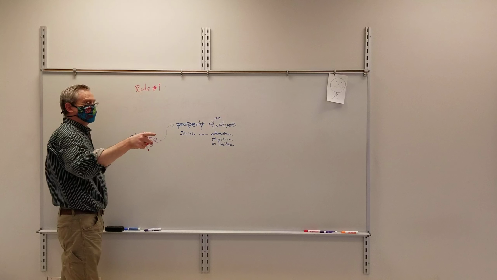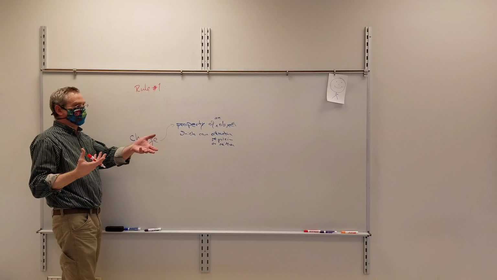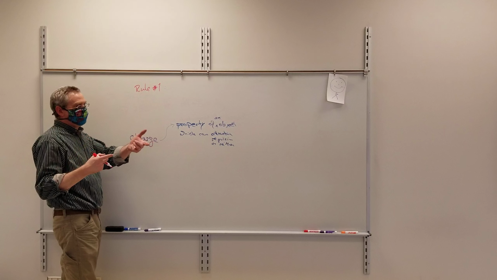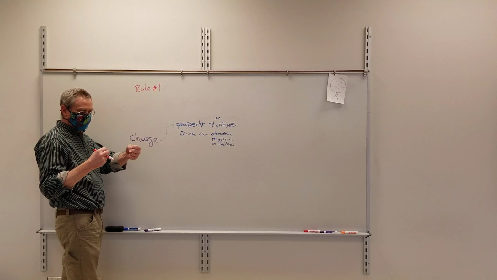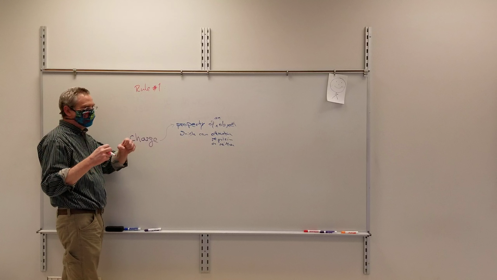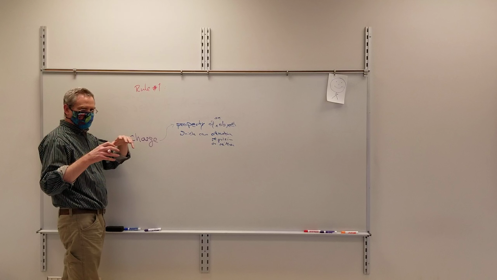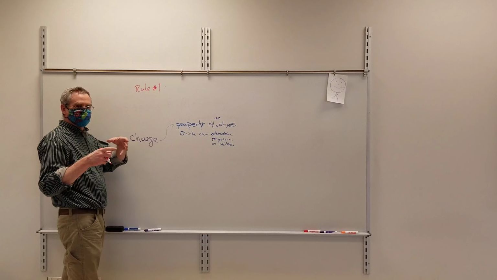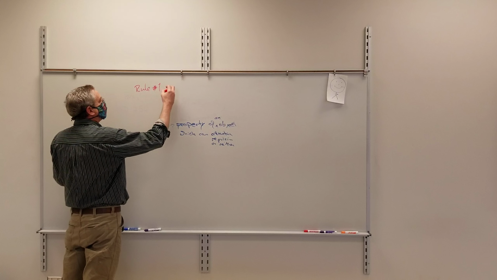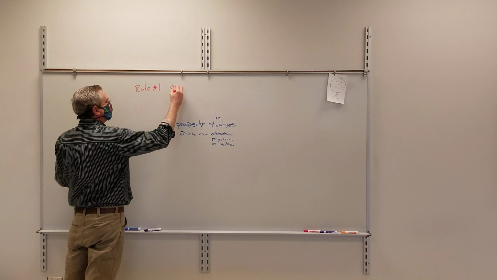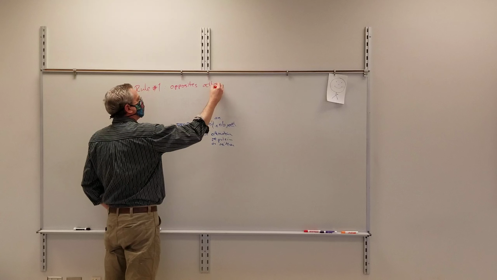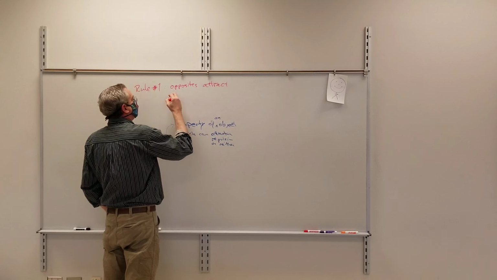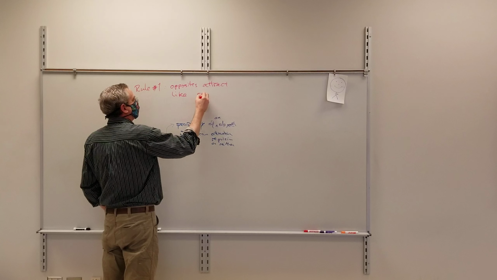The generalization you just said works for both of them, but I've seen students run into issues later on when they think about the direction an object is going to be forced. It gets more complicated than that. So rule number one, opposites attract, and consequently, like repel.